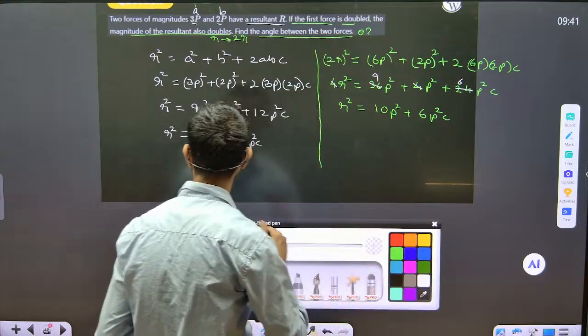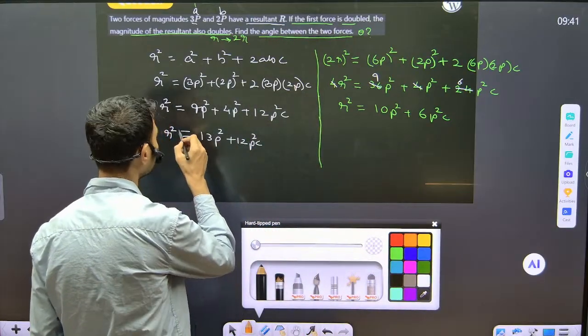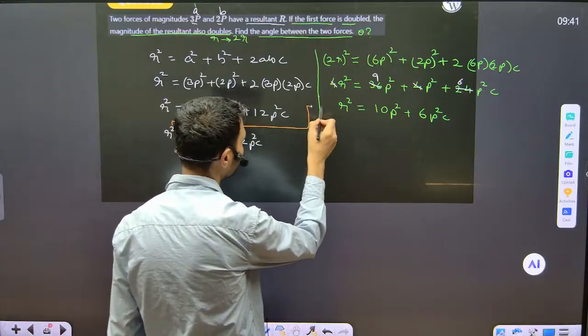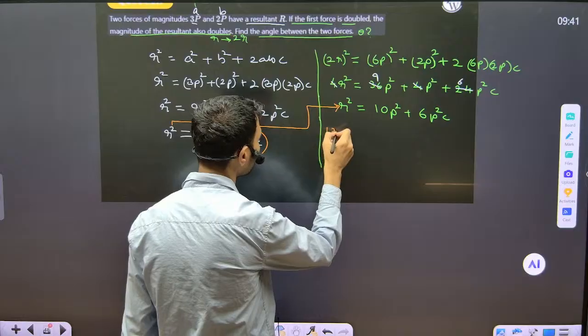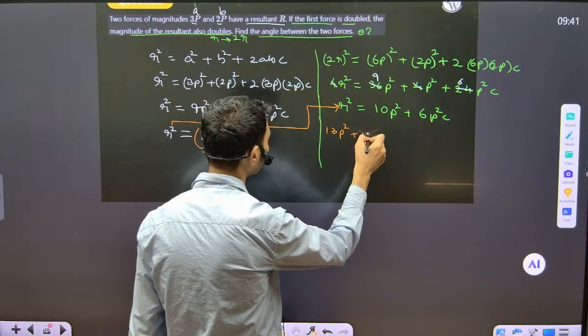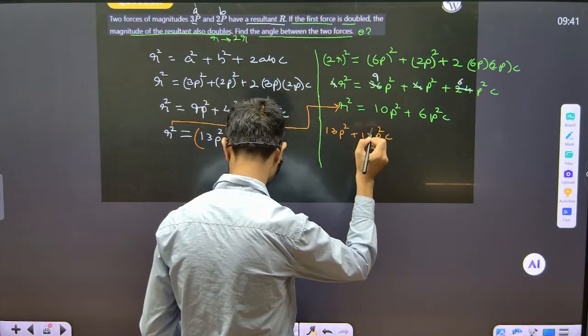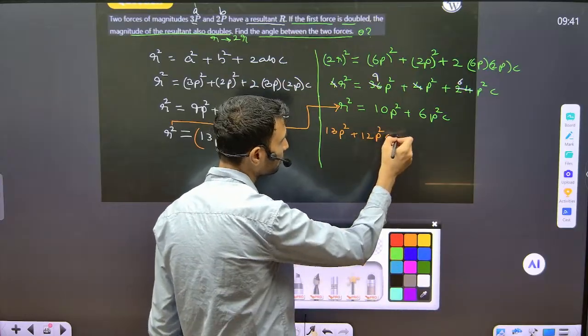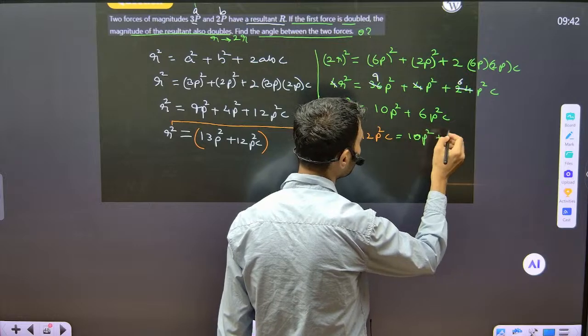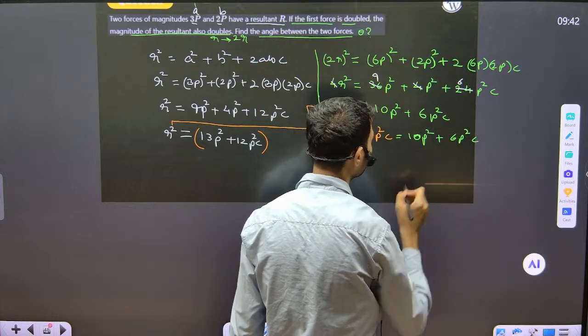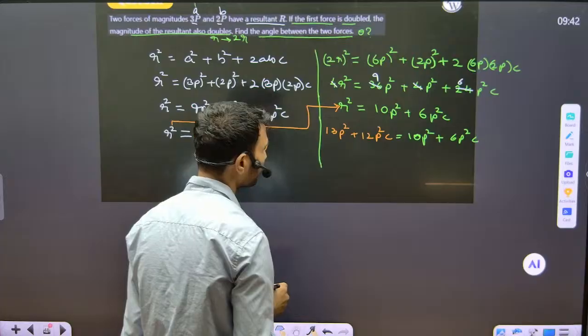So what I can do is I will take this r square and I'll substitute here. So what is the value you're getting? That is 13 p square plus 12 p square c must be equal to 10 p square plus 6 p square c, right?